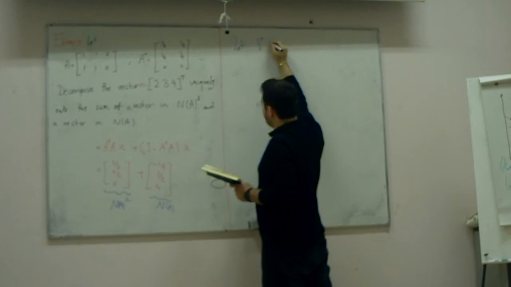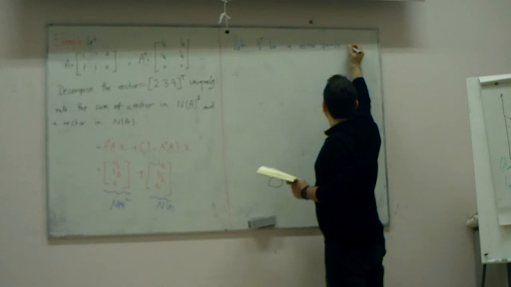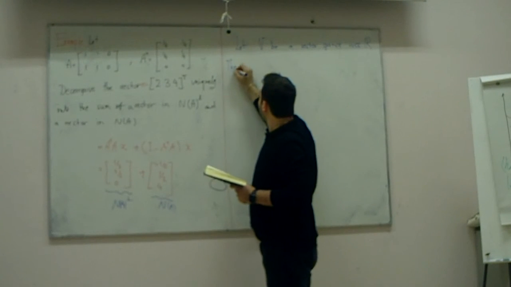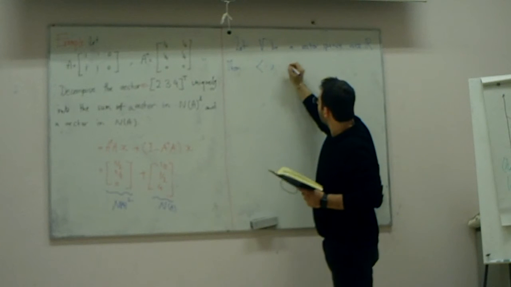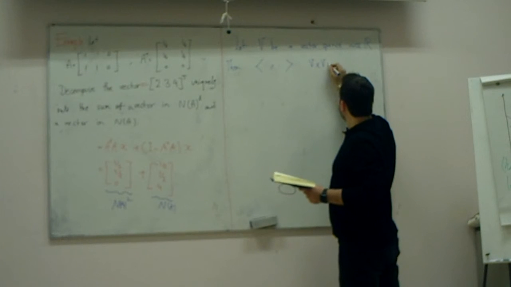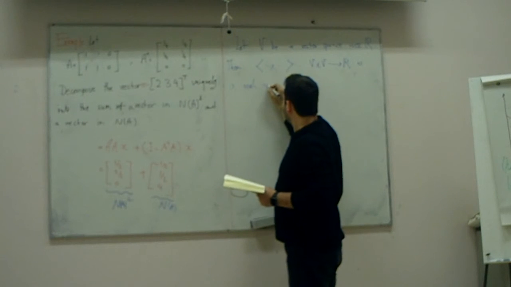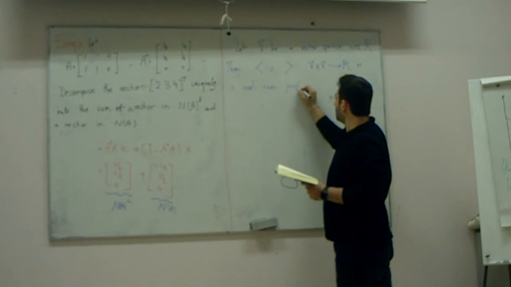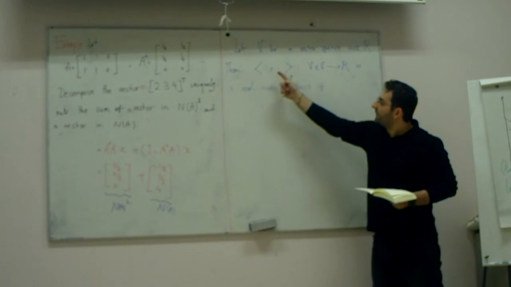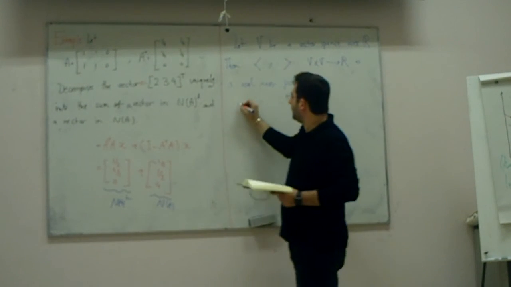Let V be a vector space over real numbers R. Then this notation, mapping to R, is a real inner product if, like let's say vector x and vector y, there are three conditions.